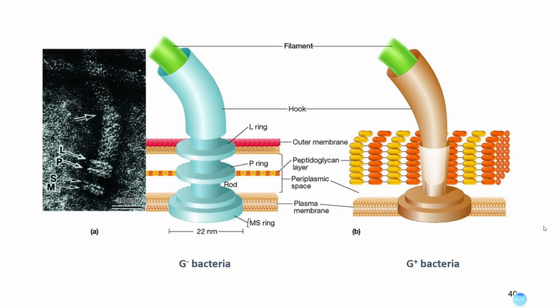Let me show you how the flagella works. The flagella can be found in both gram-positive and gram-negative bacteria. This is gram-negative, this is gram-positive. And one end of the flagella is anchored to the cell membrane and cell wall.